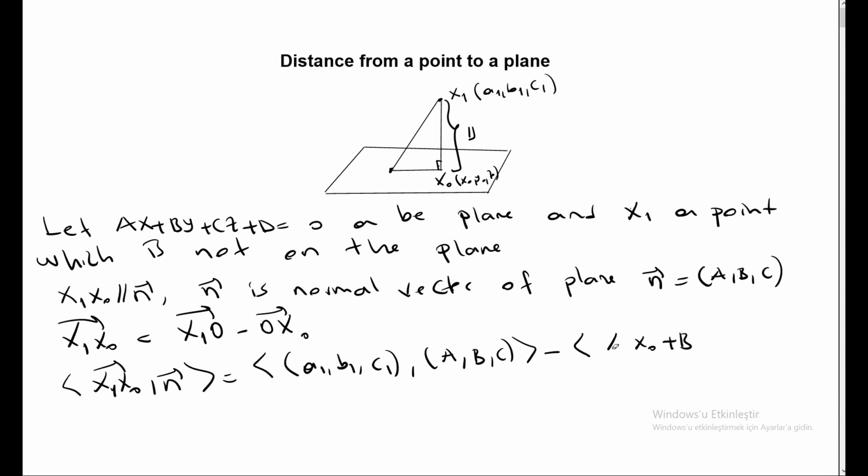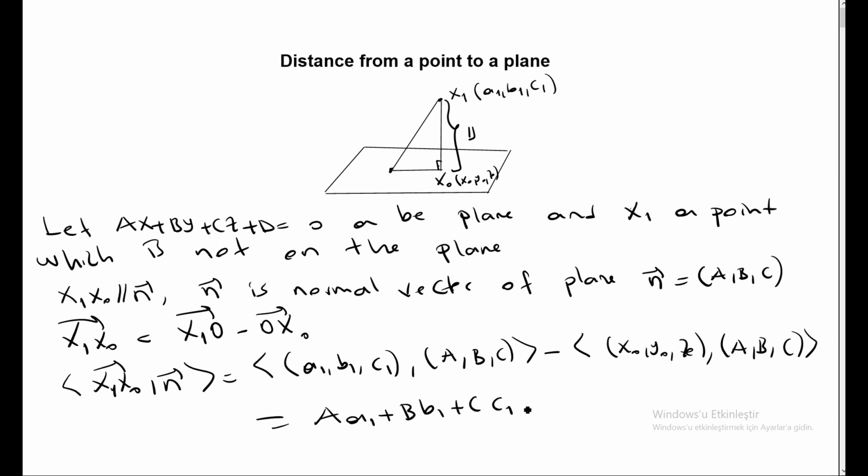Okay, let me write the same for the other part. So first you have x sub 0, y sub 0, z sub 0, and a, b, c. So you have a times a1, b times b1, and c times c1, minus a times x sub 0 plus b times y sub 0 plus c times z sub 0.